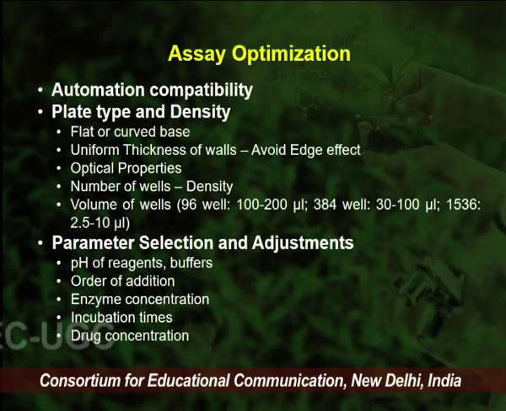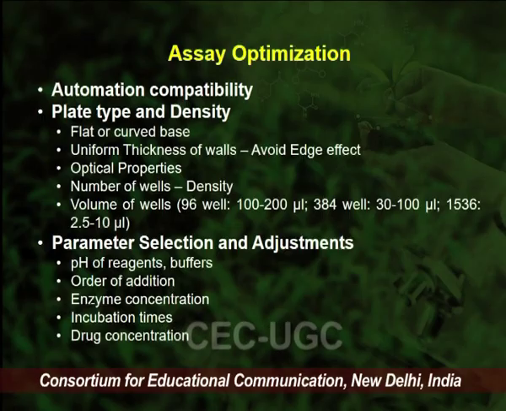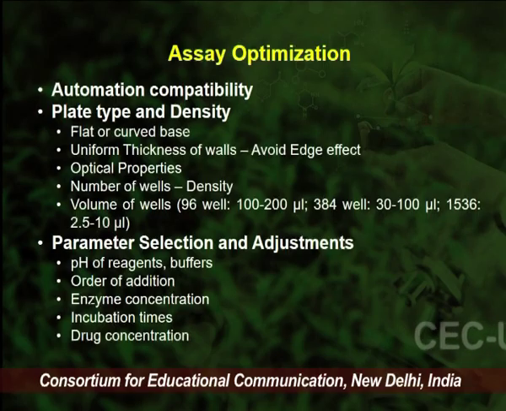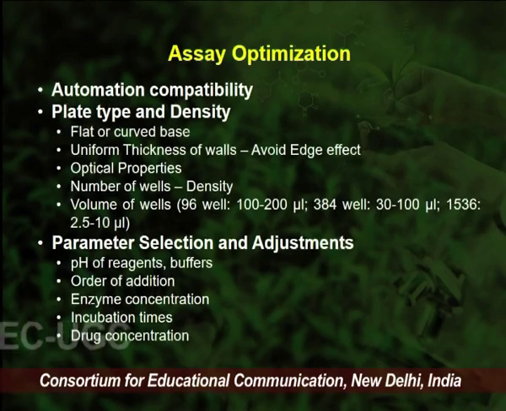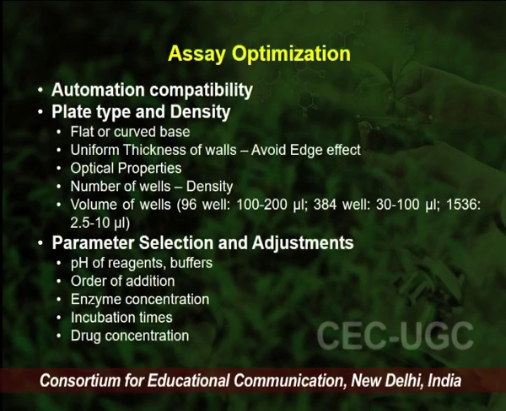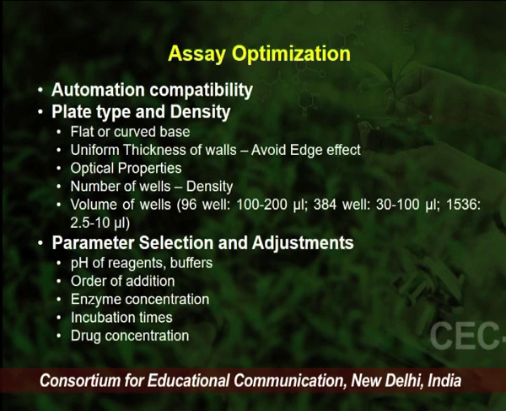Now we were talking about the optimization of the assay. These are various parameters that should be optimized, like automation capability of your assay, whether your assay is amenable to automation or not, what kind of plate you want to use, a flat base or a curved base. The walls should have a uniform thickness in order to avoid the edge effect, which we discussed during the high content imaging.